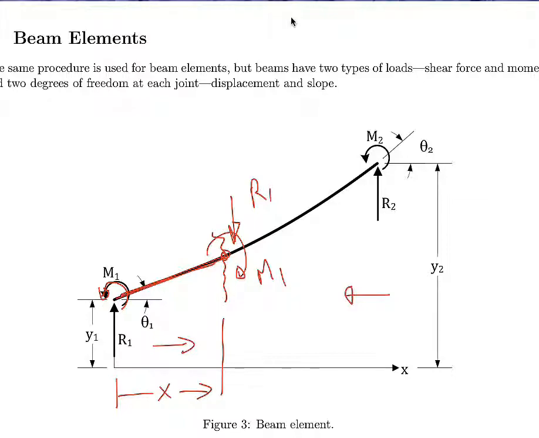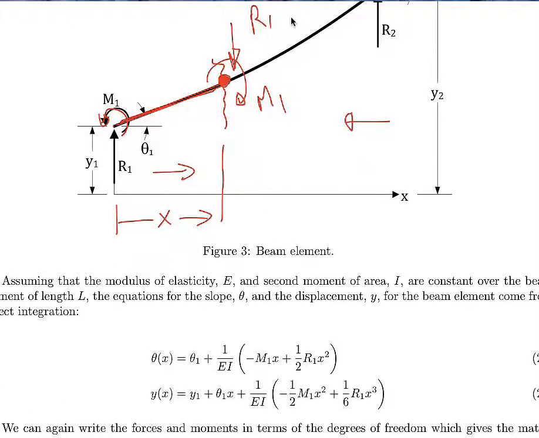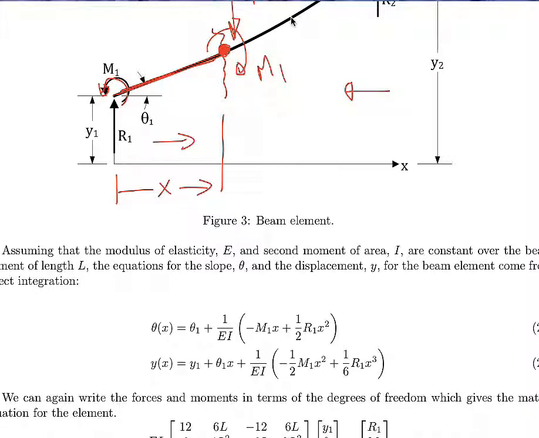If I'm interested in what's happening at M1, starting from the left side at this point here, I want to write an equation for the slope and for the moment. The slope at this point x is equal to the initial value theta 1 on the left plus 1 over EI times, well, let me just start the process here from the moment.